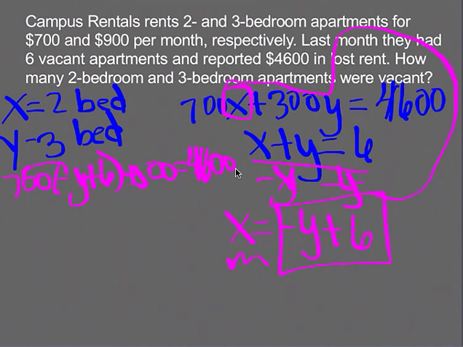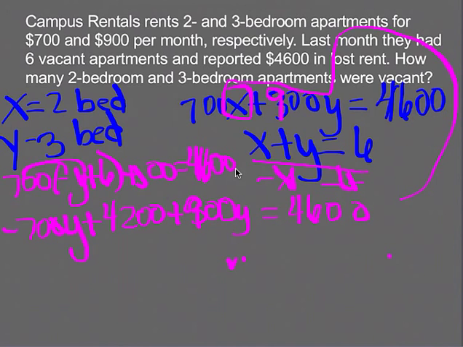Let's start by distributing that 700. 700 times negative Y is negative 700Y, and 700 times 6 is going to give me 4,200, plus 900Y, is equal to 4,600. That should have been a 9 the whole time. Silly me.